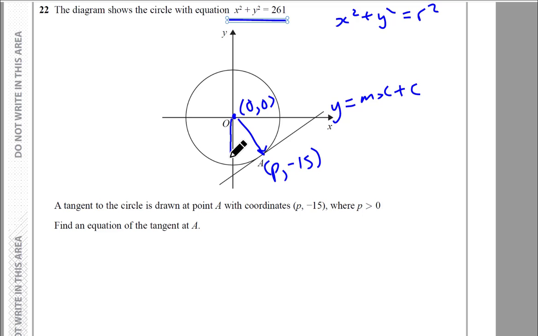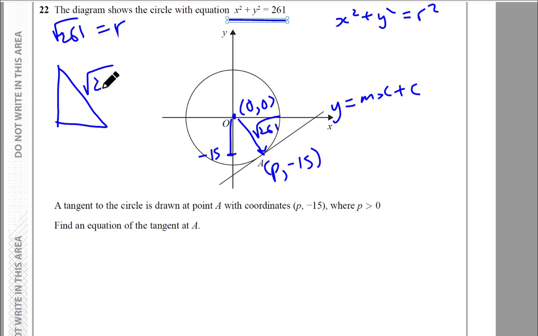We know that that point is minus 15. So the radius is the square root of 261. I mean 261 equals r squared, right? So that is the square root of 261. So you understand, let's take that triangle out. We've got the square root of 261, and we've got 15.